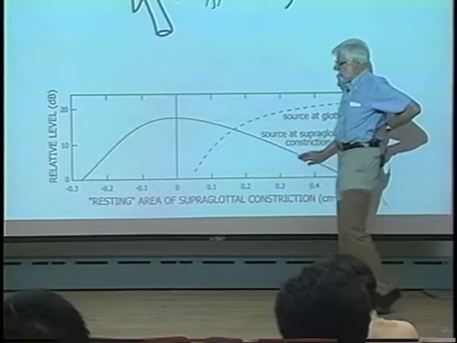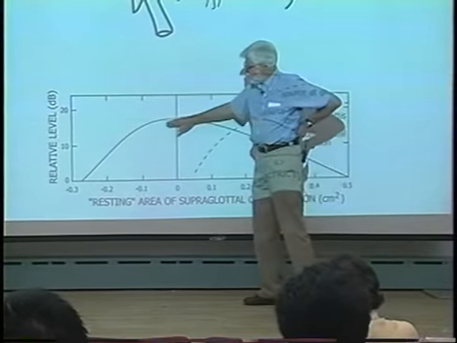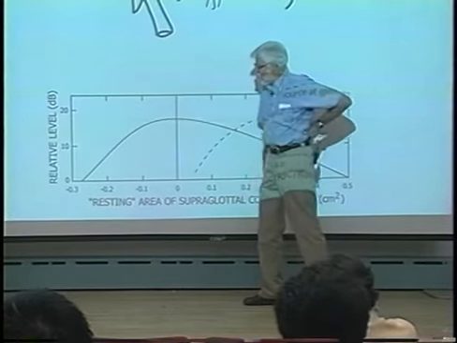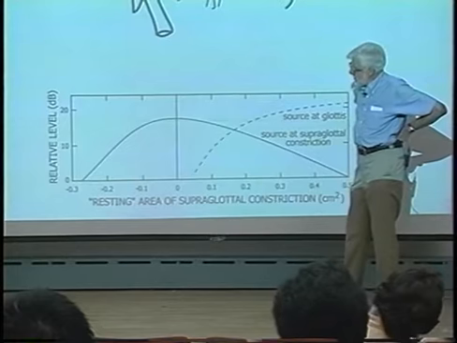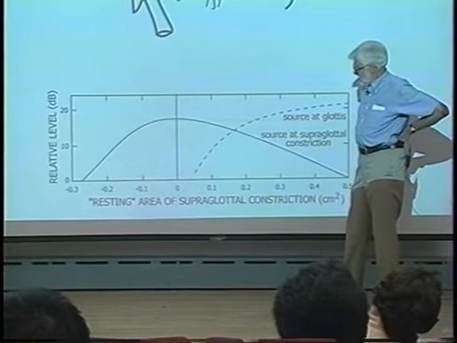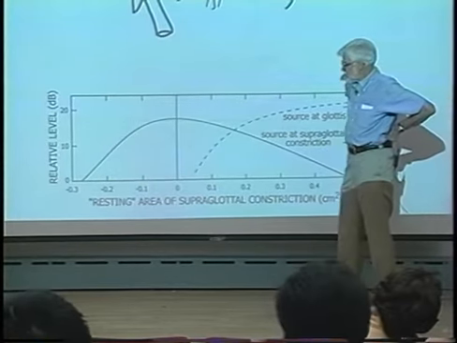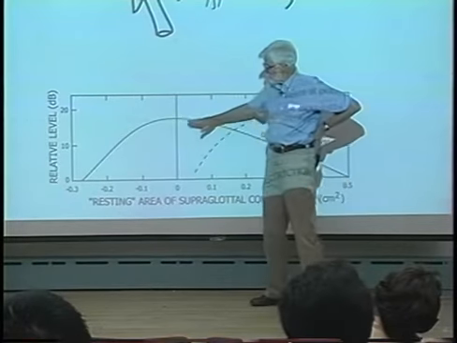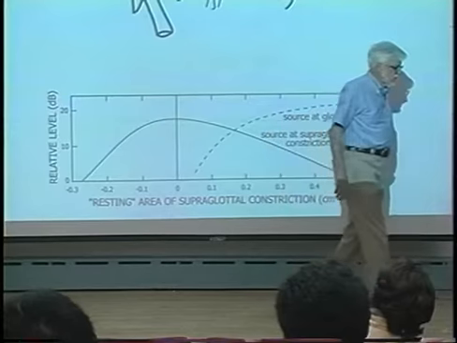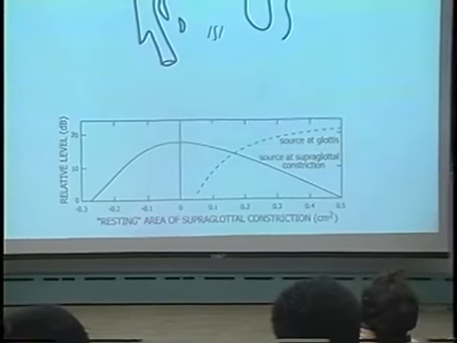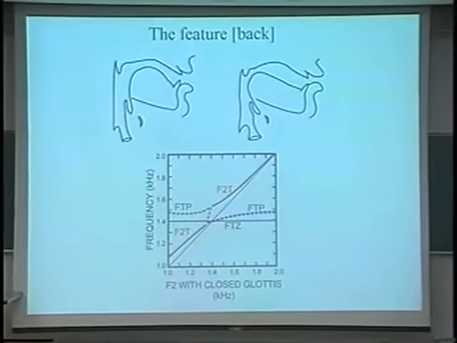So it stands to reason there's going to be some peak in here, which would be an optimum place in which to set the resting cross-sectional area of the constriction. So this is a stable region, not so stable out there. So that's just one example.